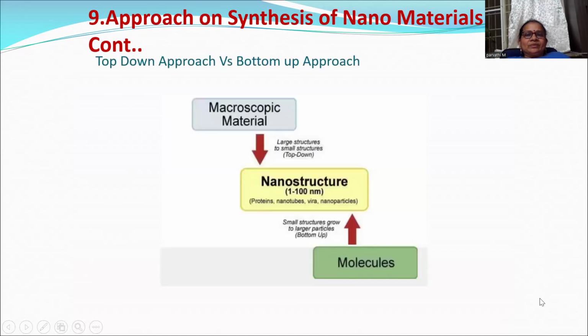And the microscopic material, this is where bottom-up approach, microscopic material through which large structures are made; top-down, small structures resulting in nanostructures. Similarly, molecules from molecules, small structures grow to larger particles, that is the bottom-up. This is one more representation.